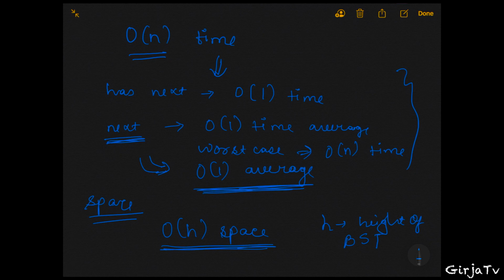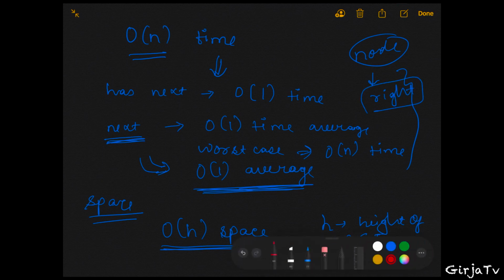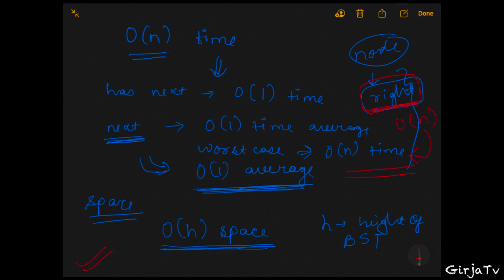The only case where it differs is if the node has a right child, in that case we are calling our in order left function. So in that case we might be taking big O of n space, so that is the worst case. So this is what we have. So thank you guys, thanks for watching.